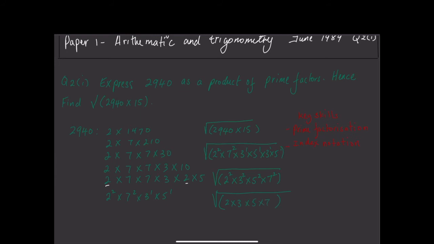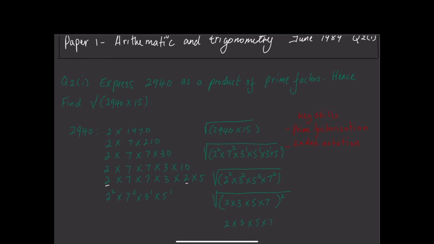We can bring the squares outside the square root sign. So once we take the square root, we're going to be left with 2 times 3 times 5 times 7.